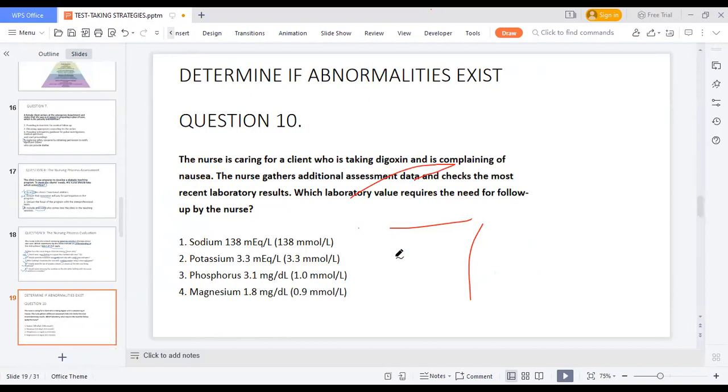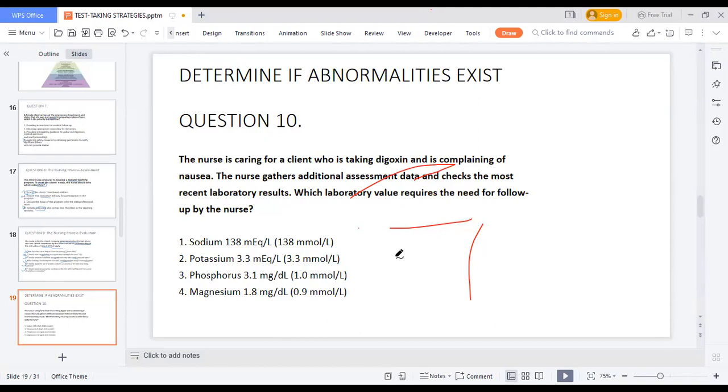Determine if abnormalities exist. This is mostly in questions that have to do with laboratory values, drug toxicity, overdoses, and emergency situations. You always have to use the technique of determining if abnormalities exist in the question. That is likely to be the right option. What do we mean?